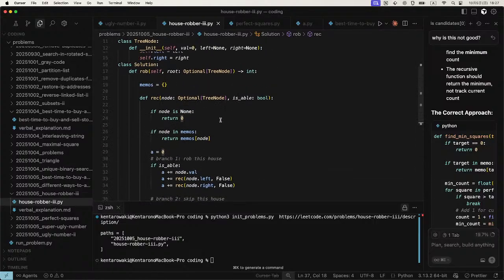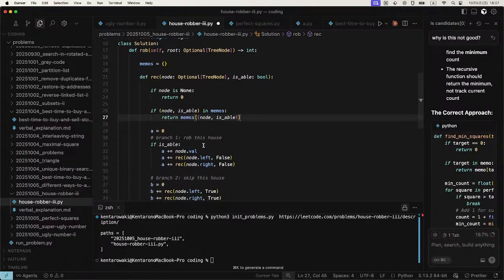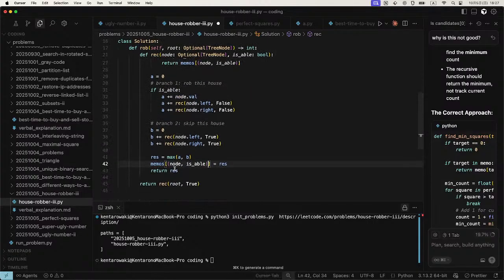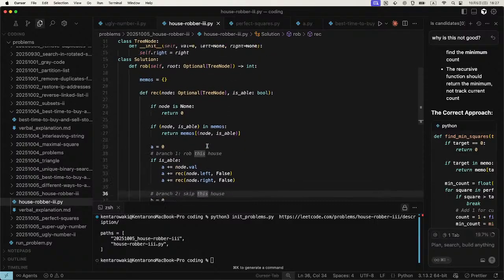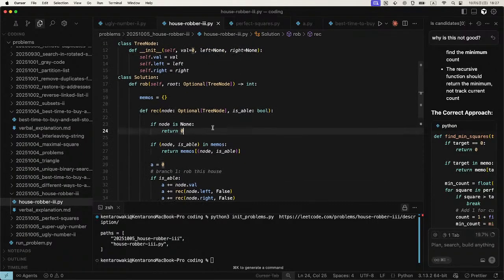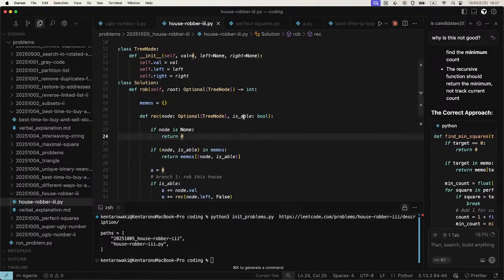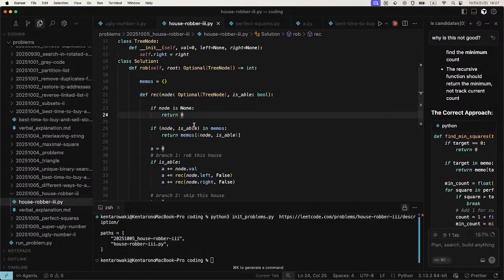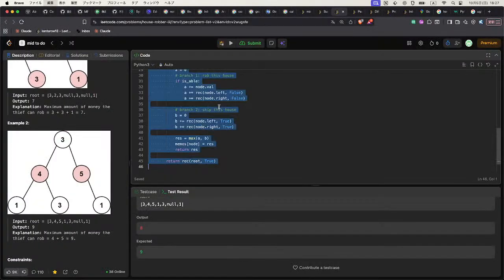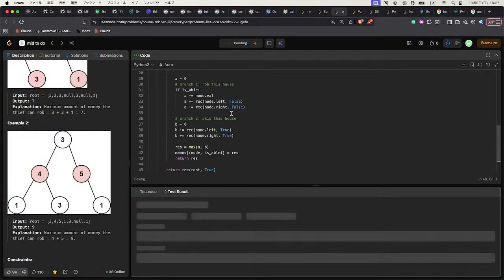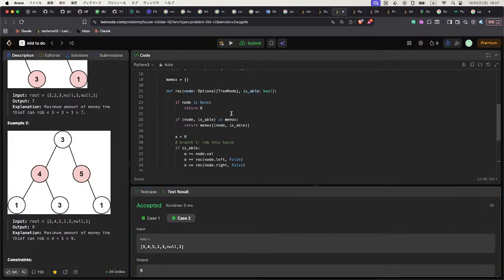It should be node, is able. Node, is able. Because the result is different if the flag is different. Okay. That makes sense.